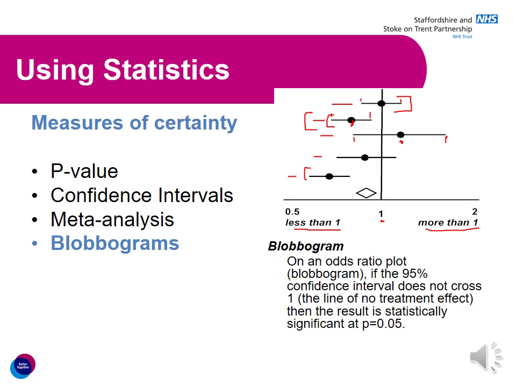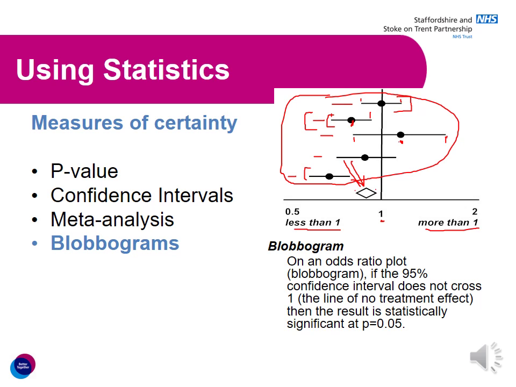So with a blobbogram, an odds ratio plot, you'll often see a diamond where the tips of the diamond show the true range of findings after you've aggregated all of these findings together. You've analysed all of this information, and that has resulted in this finding here.